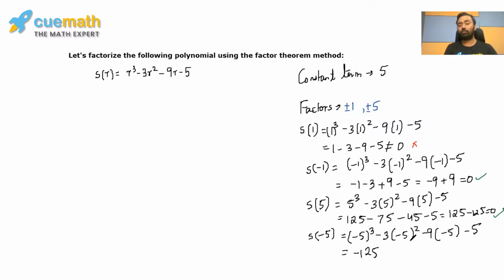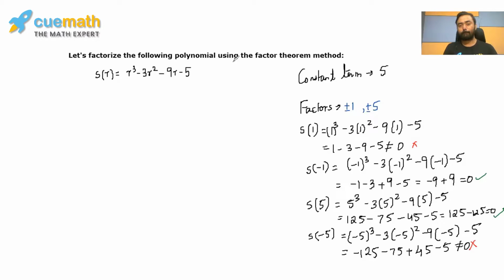Negative 5 whole square is 25. 25 times negative 3 is negative 75. Negative 9 times negative 5 is positive 45 minus 5. And if we look at this expression, clearly this will not be equal to 0. And we say that even negative 5 will not be the root. So we have got only 2 roots from the factors, the numbers which we have got.